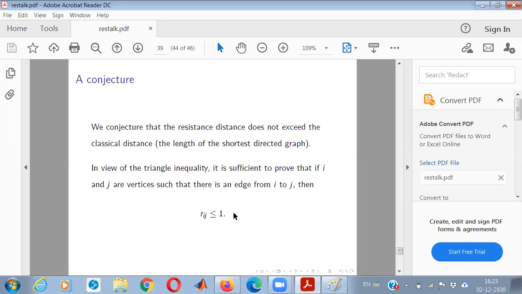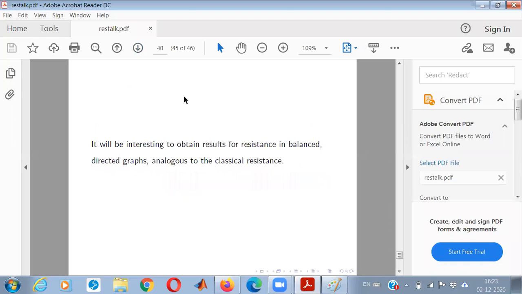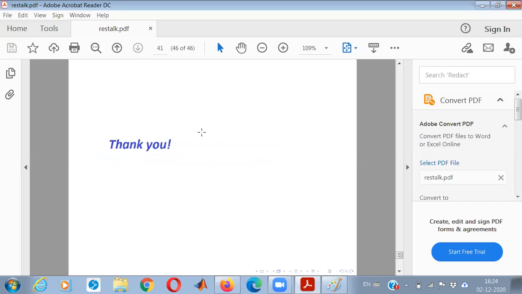And this will also give the triangle inequality. Some other identities also seem to hold, but they are not true. So it will be interesting to obtain results for resistance in balanced directed graphs analogous to the classical. So I think I'll stop with that. Thank you.